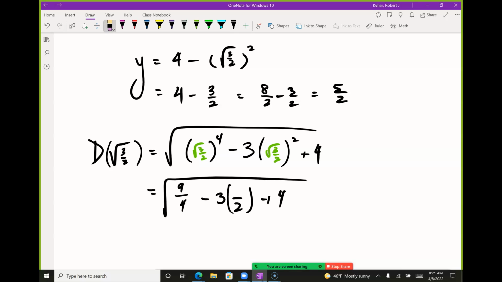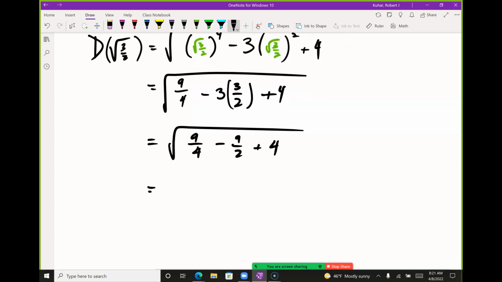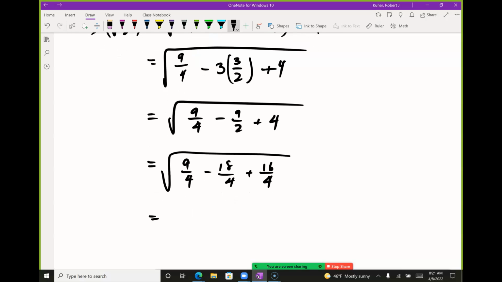Nice. This is another one of those really tall problems. So changing everything to a denominator of 4, I get 9/4 minus 18/4 plus 16/4. And it looks like I'll get square root of 7/4, or rad 7 over 2. And there's my min distance.